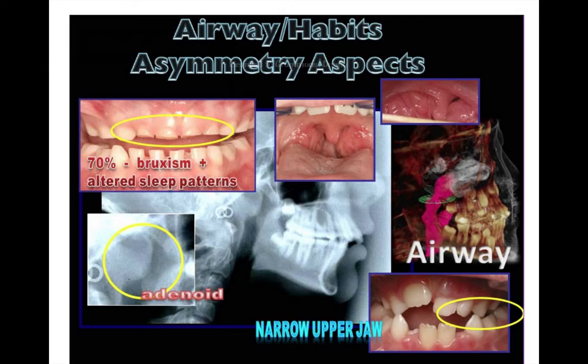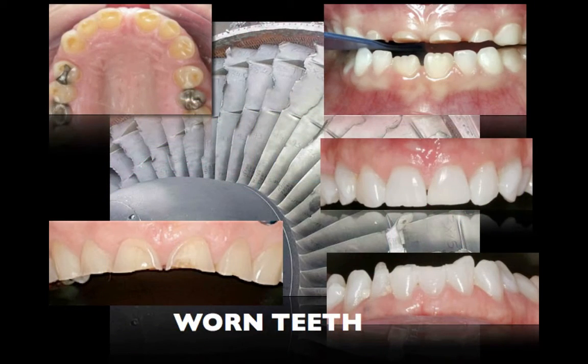It's very common to see bruxism and grinding of the teeth and altered sleep patterns for patients, and so the dentist may recognize the wearing of teeth, but actually the more important thing is the etiology that relates to the airway and the inability for natural and normal breathing for this patient, and that alters sleep patterns, and then it alters the movement of the mandibular complex and the clenching and grinding conditions that often accompany these problems.